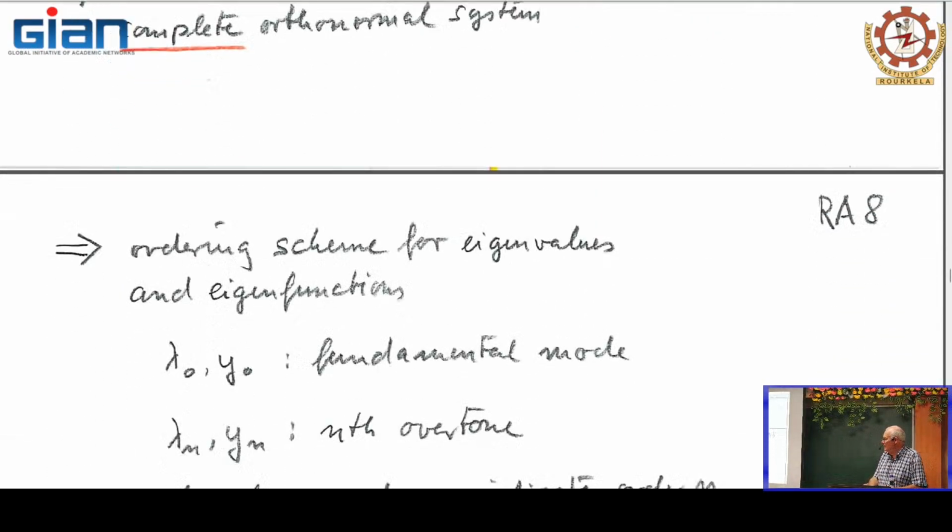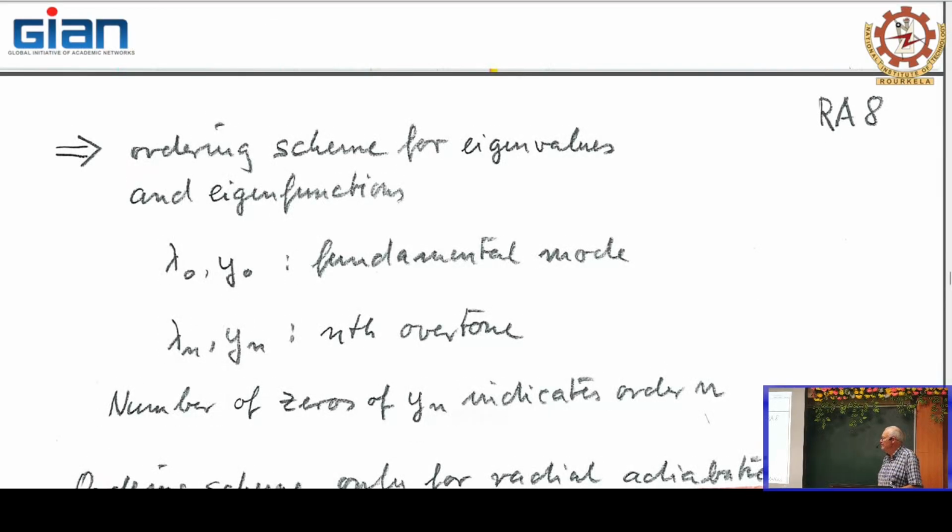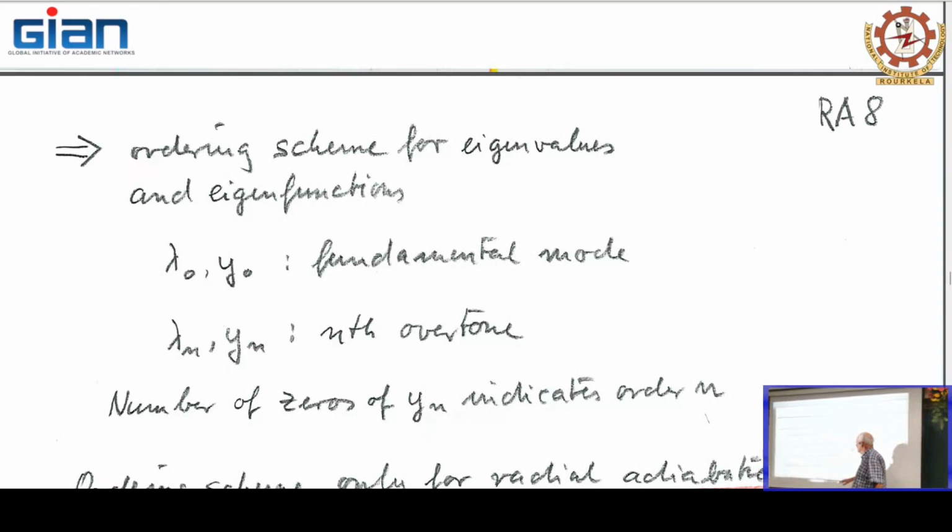So in the case of the radial linear adiabatic perturbation problem, we have an ordering scheme for eigenvalues and eigenfunctions. Lambda 0 and y0 is the so-called fundamental mode. Lambda n and yn is the nth overtone. The number of zeros of yn indicates the order n of the eigenvalue and eigenfunction.